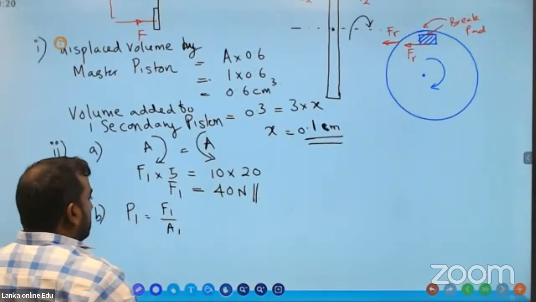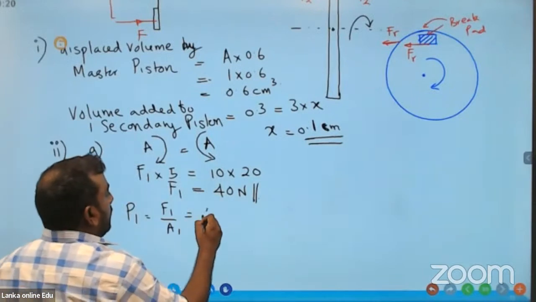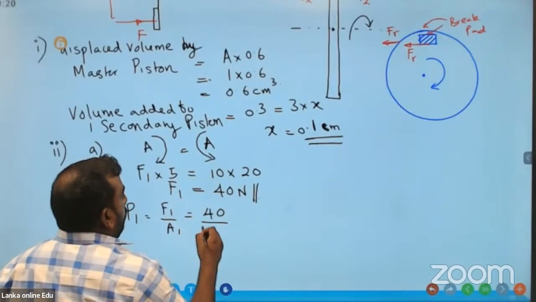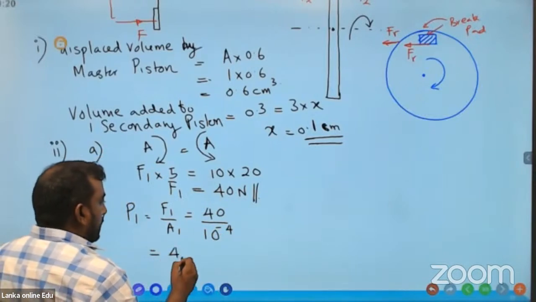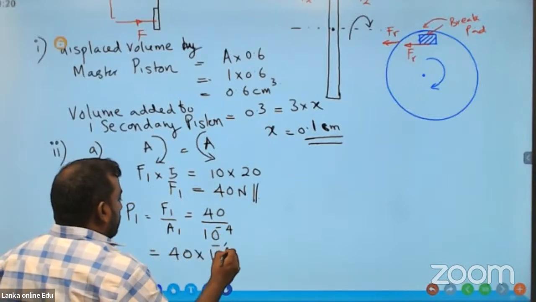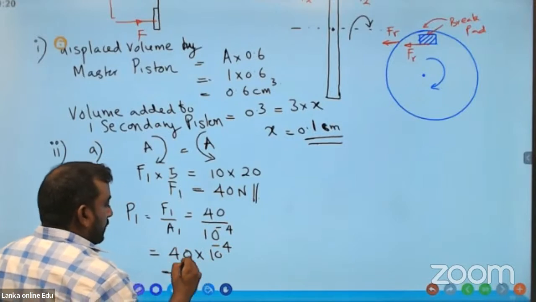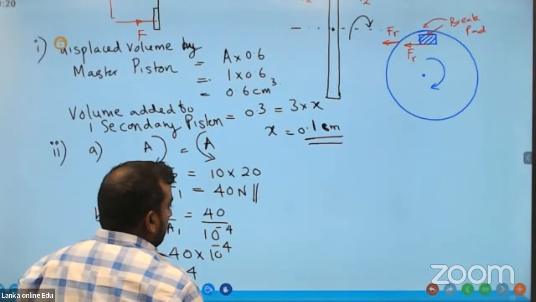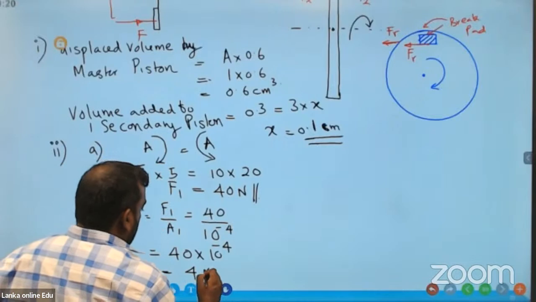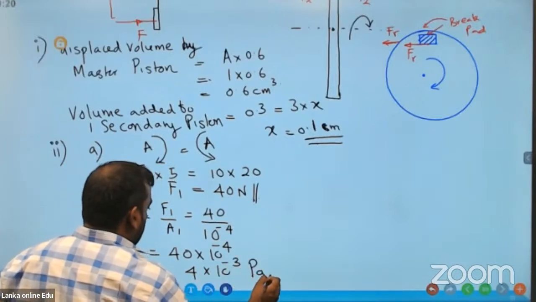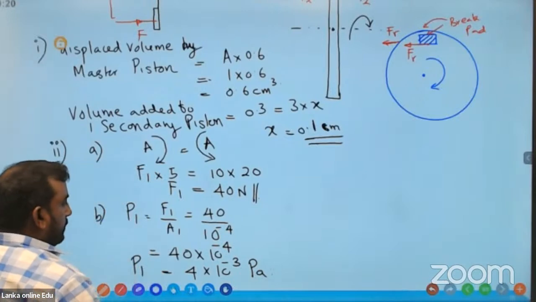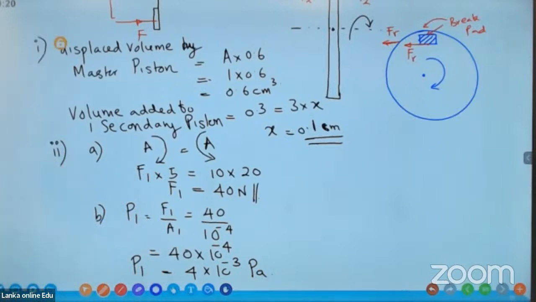F1 is 40, area 1 centimeter squared, 10 to the power minus 4. Simplify it. 40 over 10 to the power minus 4 gives 4 times 10 to the power 5 Pascal.